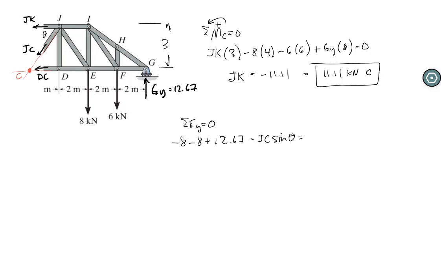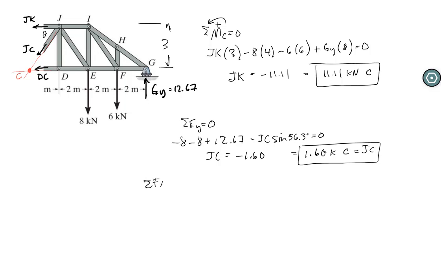And we had theta on the other picture of 56.31 degrees, so I'll just go ahead and put there 56.3 degrees. That's equal to 0, and I can solve that for JC, which is equal to negative 1.60, which means that it is equal to 1.60 kilonewtons in compression. That's equal to JC. Again, that agrees with my work from the other side.